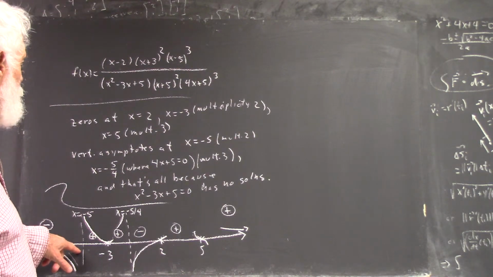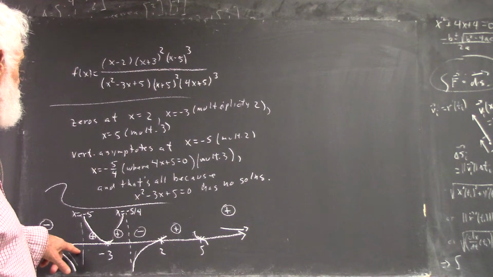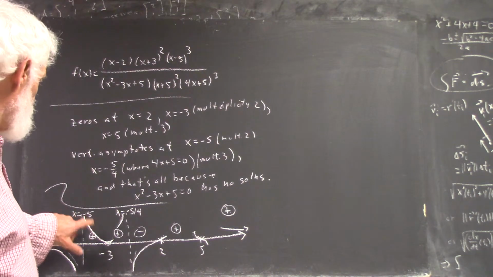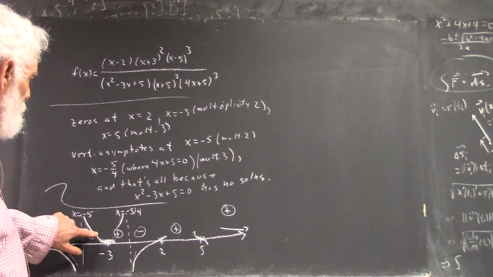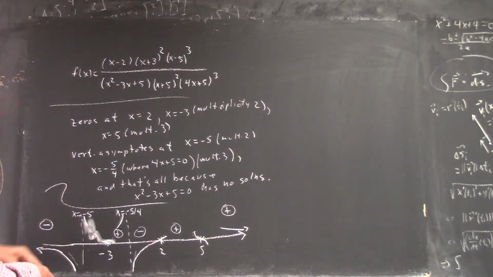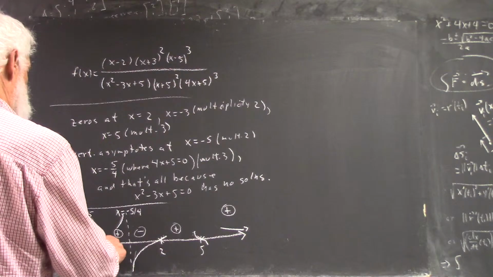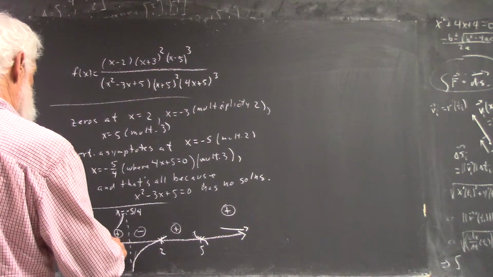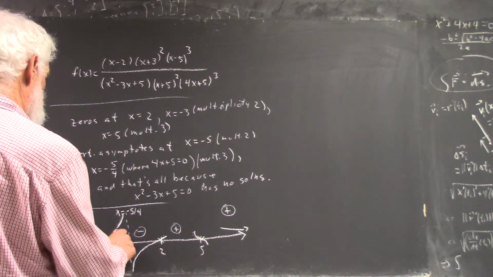At negative 5, it doesn't change sign. Why not? Now, I didn't actually test these numbers, but it stays negative, and you can test the numbers and see that. So it's going to do this. It's not going to do this. It's going to be still negative here.